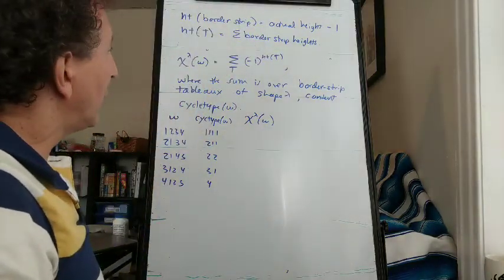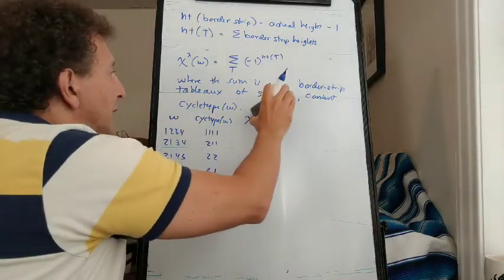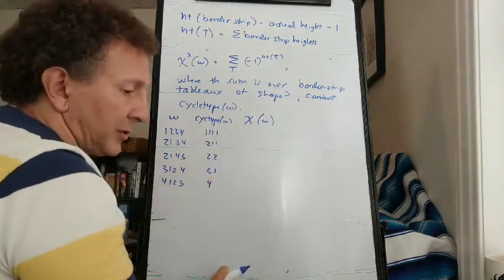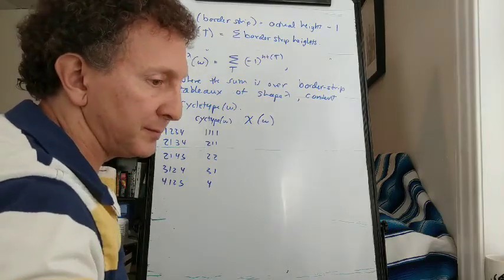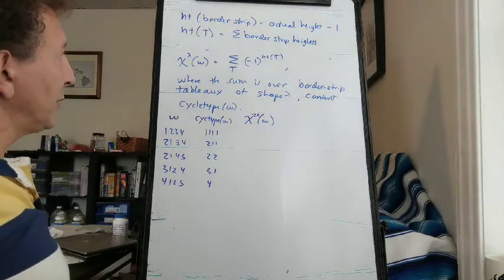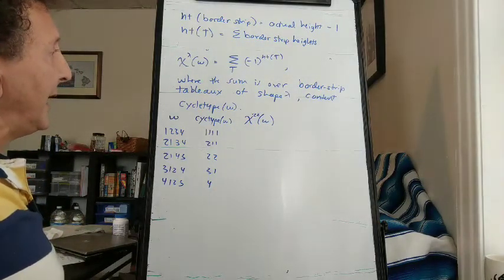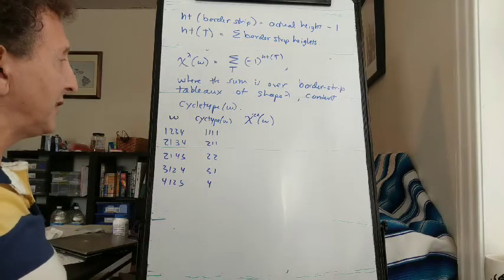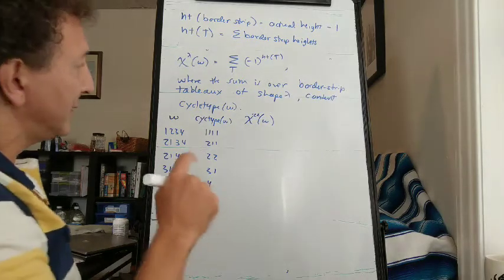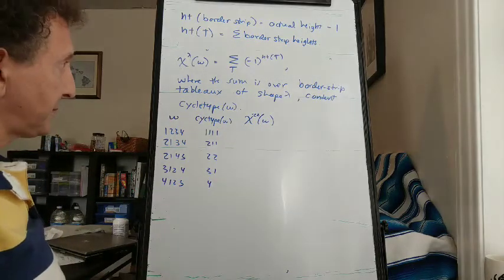All right, so let's choose lambda equals 2, 2, like we did before. So we want to draw a border strip tableau of shape 2, 2, and the number of 1s, 2s, 3s, etc. in it is going to be determined by the cycle type of the permutation.